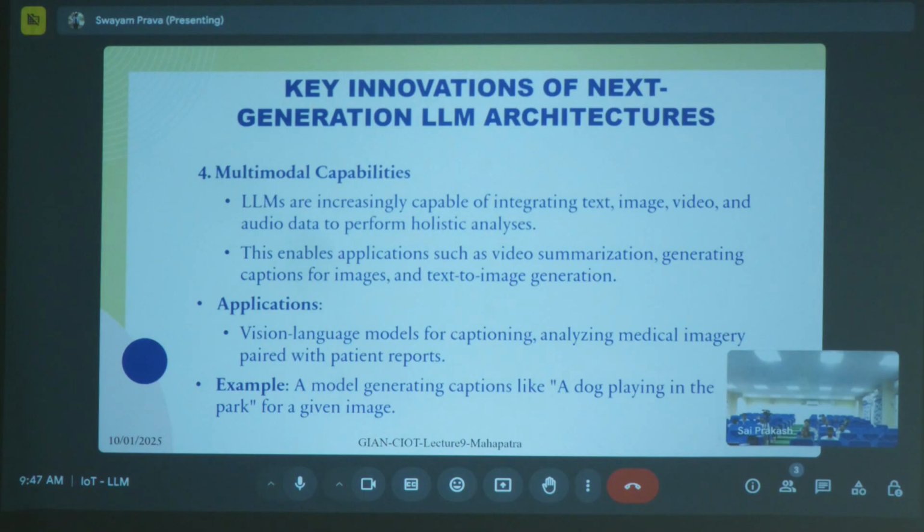Applications would be vision language models for captioning, analyzing medical imagery paired with patient reports. So a model can generate captions like a dog playing in the park for a given image, which has a dog and a park in the background.